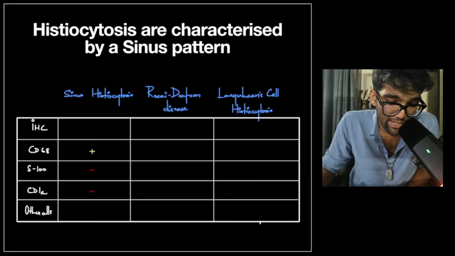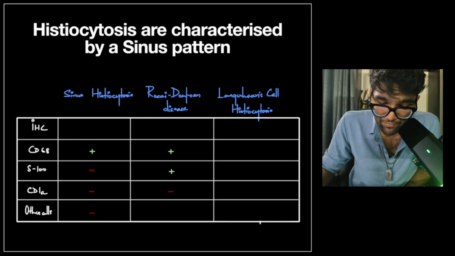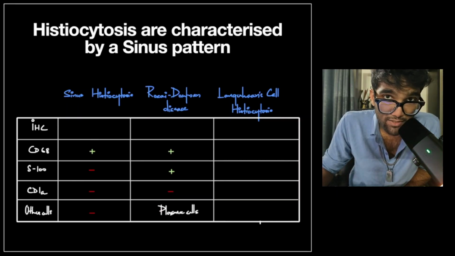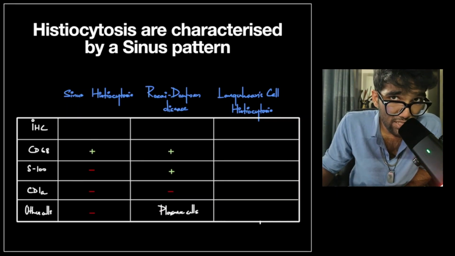So S100 negative, CD1a, which is the Langerhans marker, negative, and no other cells infiltrating other than histiocytes. So this is benign. Whereas in Rosai-Dorfman, you have CD68 positive, S100 positive, but CD1a negative, and along with that, as I just discussed, there will be plasma cells. We'll get to why this happens in the next discussion.